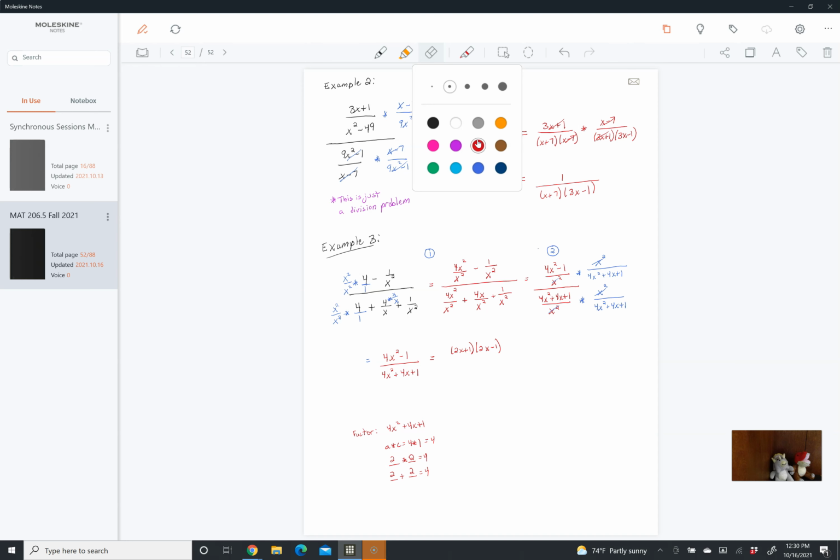So that's going to give us 4x squared plus 2x plus 2x plus 1. Factor out a 2x, and we're left with 2x plus 1. Since you can't factor anything out of the second group, you just put a 1 in front of it. Pull out the 2x plus 1. What are you left with? The 2x in front of the first set of parentheses plus the 1 in front of the second. So this factors to 2x plus 1 times 2x plus 1.